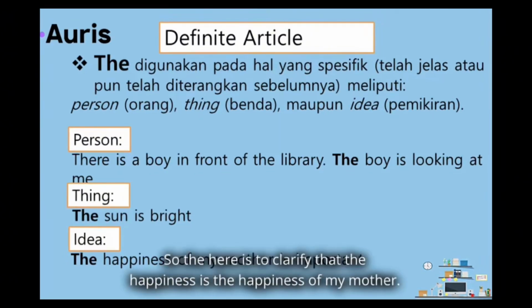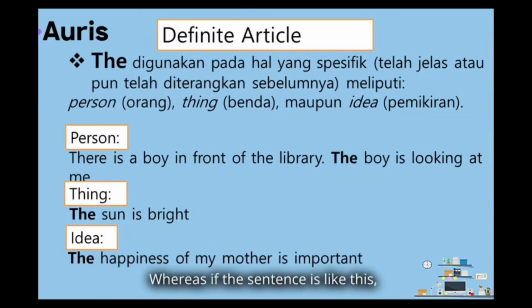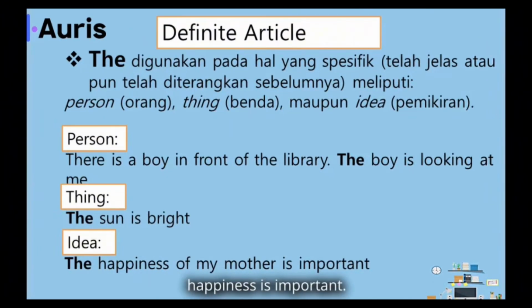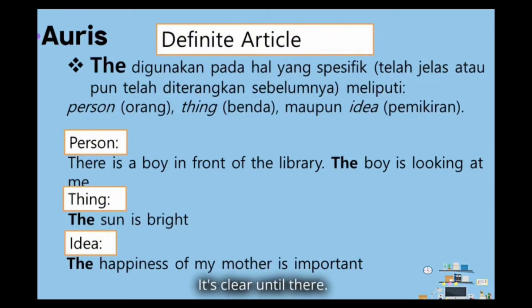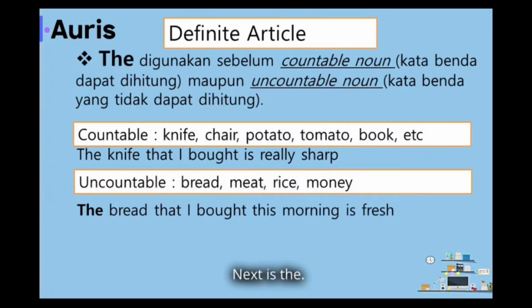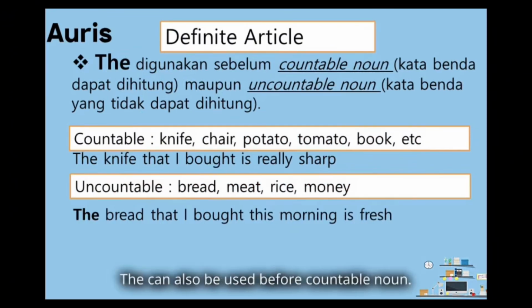So the here is to clarify that the happiness is the happiness of my mother. Whereas if the sentence is like this, happiness is important, you cannot use the because it's not clear what happiness is. It's clear until there.